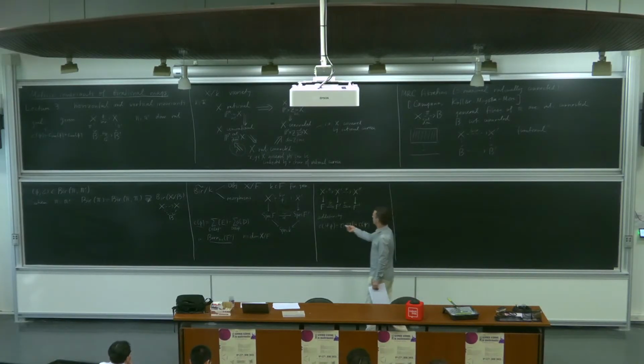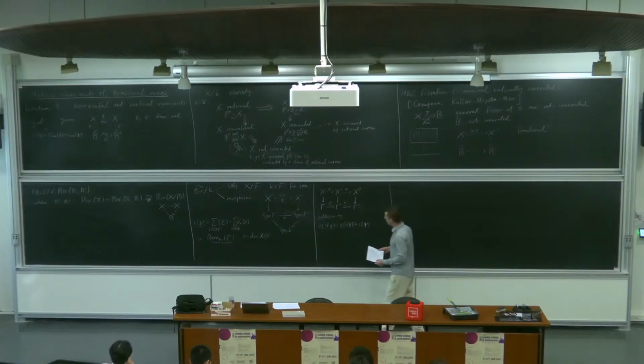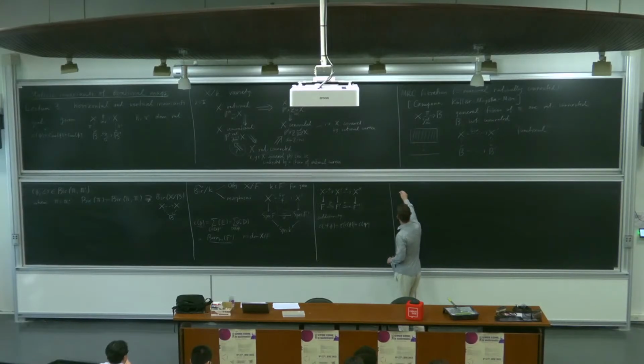So this follows basically from what we had before if we consider them all over this field. Now I want to push these invariants down to the same field, and then it will be clear. It will be here in a moment. For that, I'll need to think of the restriction.